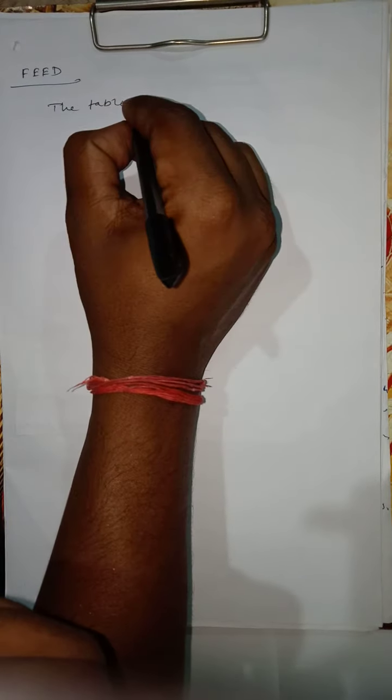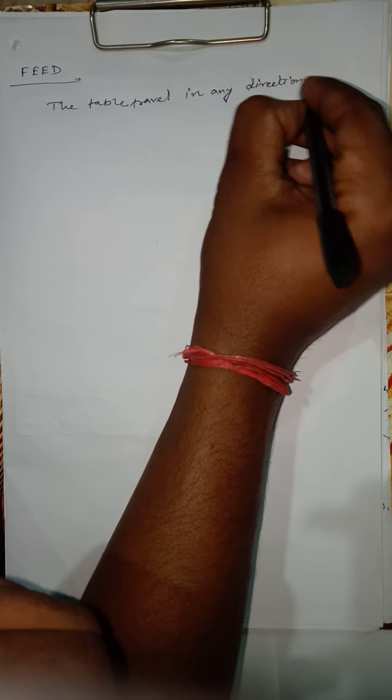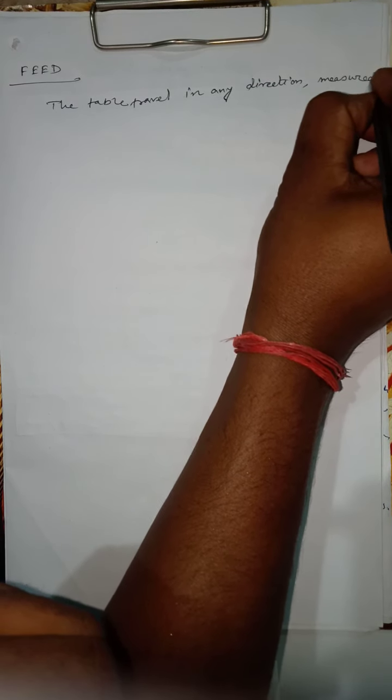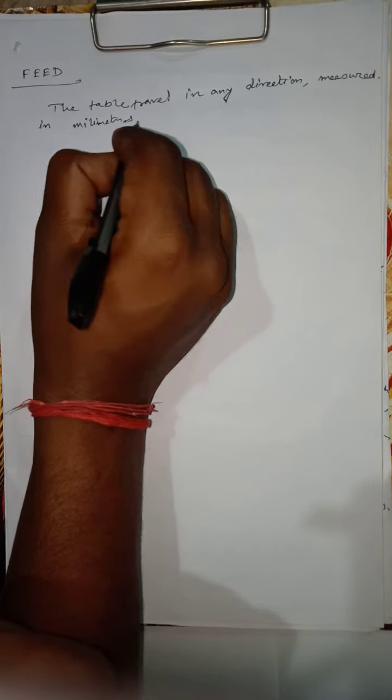It represents the table travel in any direction, measured in millimeter. In the milling machine there is a table which moves to the right side or left side or at any angle. A feed can be given to the table either by hand or through automatic machines.